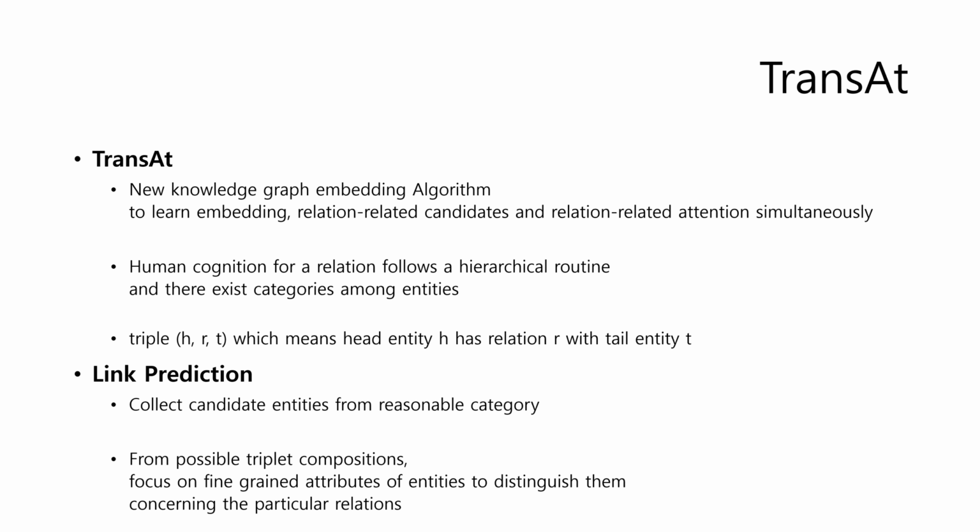In the second stage, for those possible triplet compositions, they need to focus on fine-grained attributes to distinguish entities concerning the particular relations, as we saw in the picture right before. As I mentioned earlier, distinguishing entities among different categories and fine-grained differences involves attributes at all levels. Previous models failed to learn fine-grained attention.